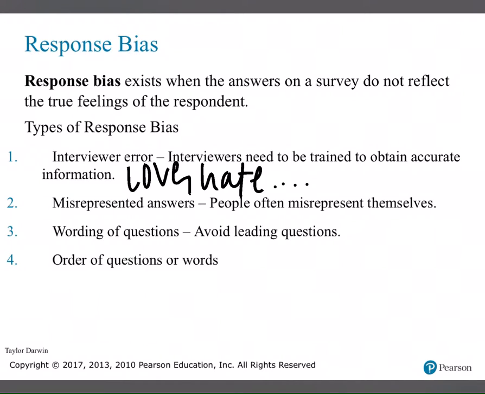Misrepresented answers. A lot of the times when you go to the doctor, people don't answer honestly if you fill out one of those forms. The wording of questions is similar to the interview error. If it's worded a certain way, it could make someone answer differently than they normally would. And then the order of questions or words. So maybe you start by saying, did you see what was tweeted out by Trump?